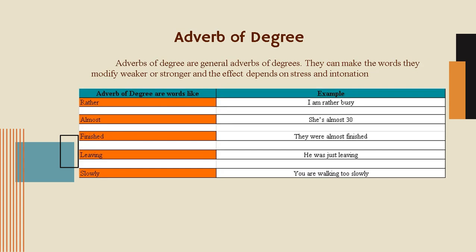Okay, the last type of adverb. Adverb of degree. Adverbs of degree are general adverbs of degree. They can make the word they modify weaker or stronger, and the effect depends on the stress and intonation. Adverbs of degree are words like, for example, rather, almost, finished, living, slowly, and others.